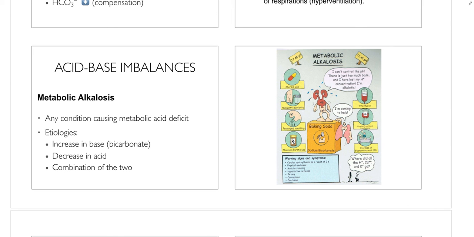Sodium bicarbonate is given during CPR to try to fix any acidosis, acidemia that might be going on from a person not breathing long enough. And if you overcorrect it, then you enter metabolic alkalosis.